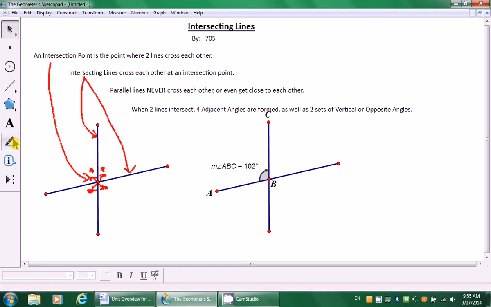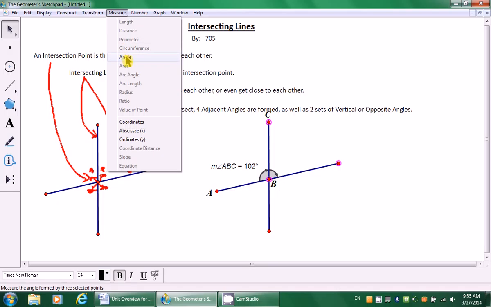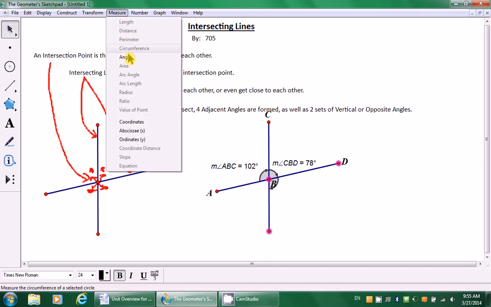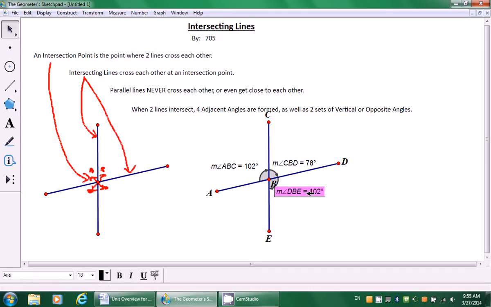Alright, so let's measure the next angle from here to here. And we'll go endpoint, vertex, endpoint, measure angle. And then I want to measure this angle here. That's an adjacent angle to the one that I just measured. Endpoint, vertex, endpoint, measure angle.